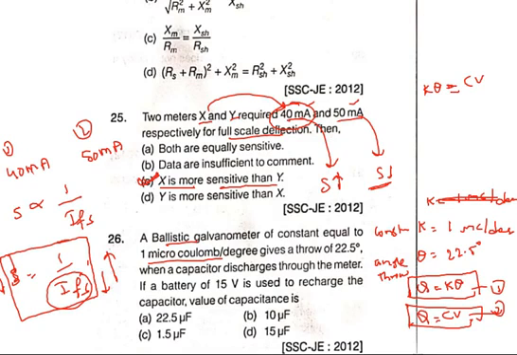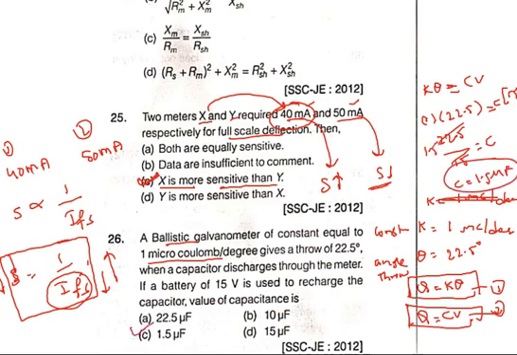Substitute here. 1 into theta, 22.5, equals C, capacitance, which we don't know, into the voltage, 15 volts given. Simplify this. 22.5 by 15 equals C. How much do we get? 1.5. That is, capacitor equals 1.5 microfarads.